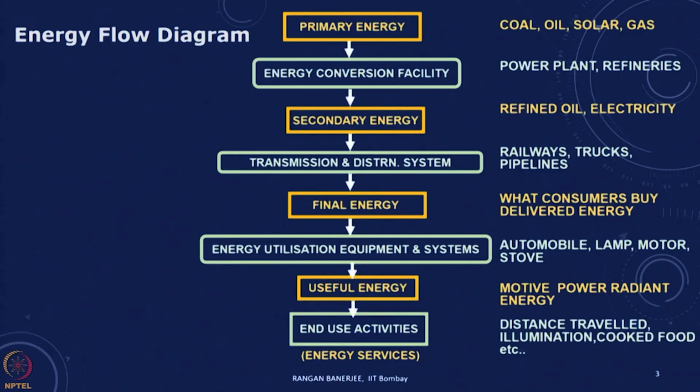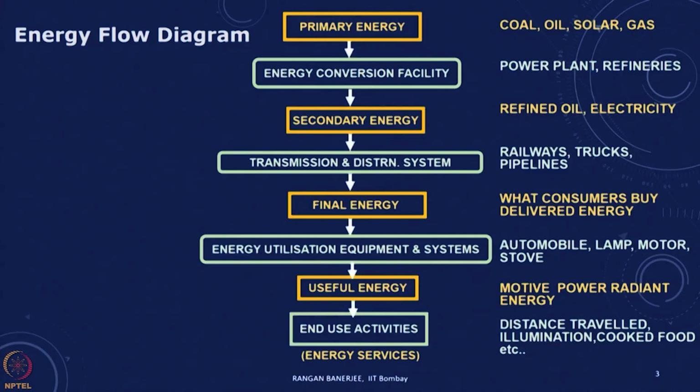In order to provide those energy services, we need to have primary energy extracted. That primary energy needs to be converted in a conversion facility to give secondary energy. That secondary energy is distributed till it reaches the final end user, and that's the energy that we buy, the electricity, the oil, the natural gas that is used in the equipment to give the useful energy.